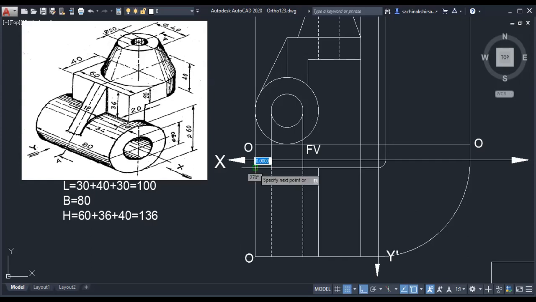The choice is yours. Shall we draw middle part or shall we draw rib, supporting part? What will we draw first? Time is less. Tell me what to draw first. Middle part. Okay, middle part we will draw first.